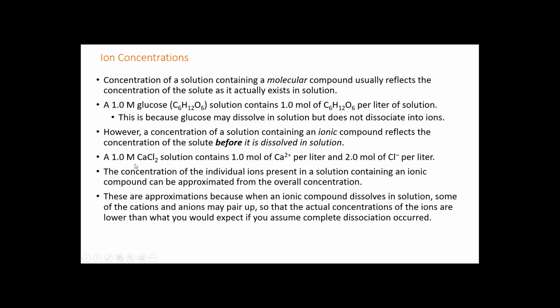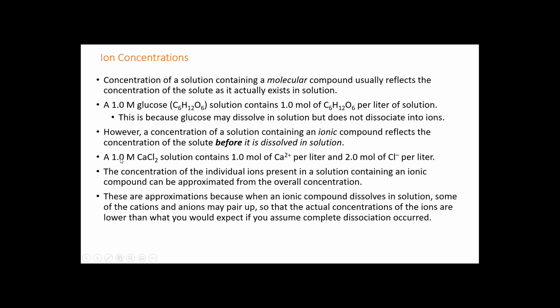So say you have a 1.0 molar calcium chloride solution. These are both ions. They will separate. So in this case, we need to know if the ion concentration equals the concentration of the intact ionic compound. When we break this apart, we have 1 mole of calcium ion. There's only one of them.